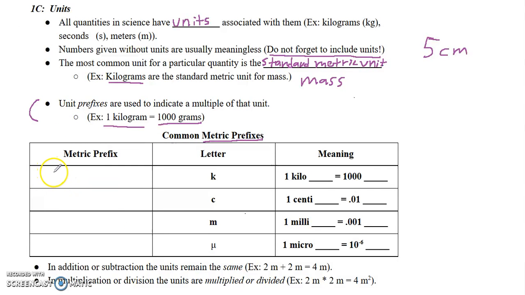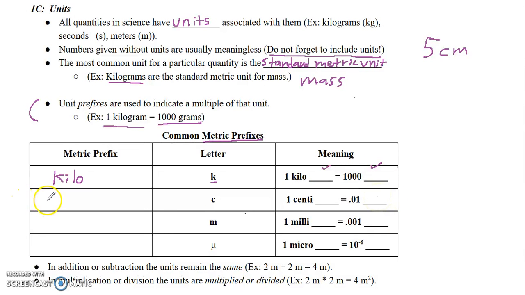So the first one, the metric prefix is kilo, abbreviated with a K. And so it's basically saying 1 kilo something is 1,000 of that thing. So if you have kilograms, that means you have 1,000 grams.